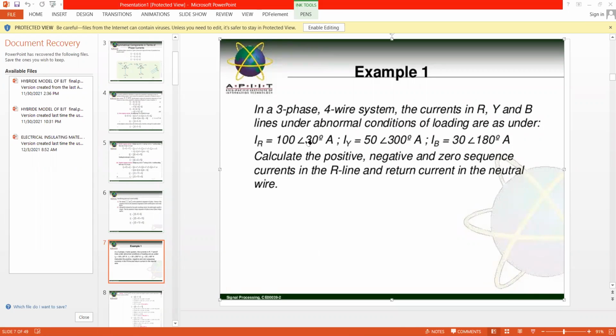So in a three-phase four-wire system, the R line, Y line and B line are operated under abnormal condition.